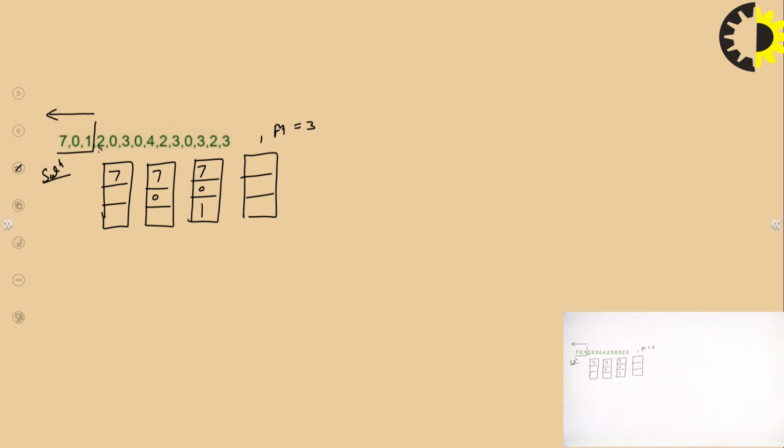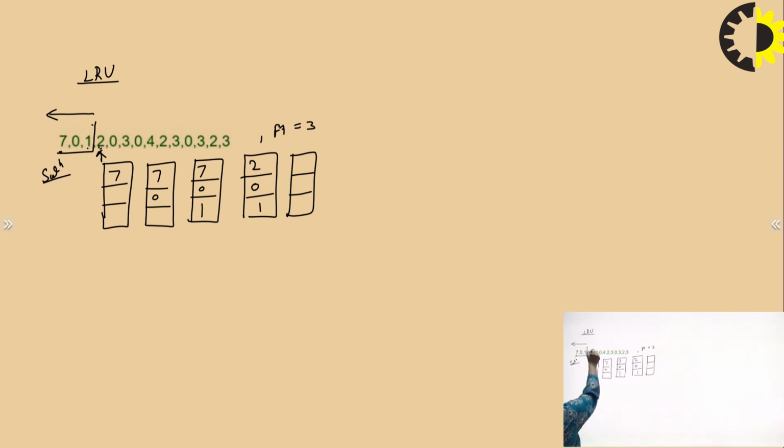Whatever you want to replace, take 2 as the pointer and go backward. 7, 0, 1. 1 came most recently, then 0, and 7 is the least recently used. So 7 is going to be replaced by 2.